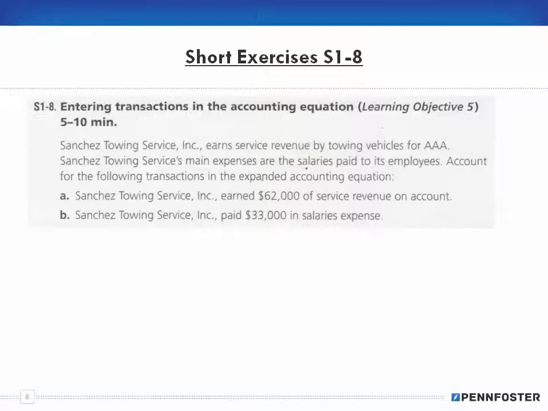Its main expenses are salaries paid to its employees. Revenues is a category of account, and expenses is a category of account. Account for the following transactions in the expanded accounting equation.